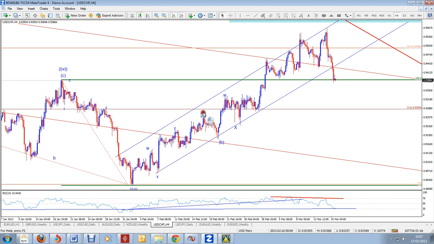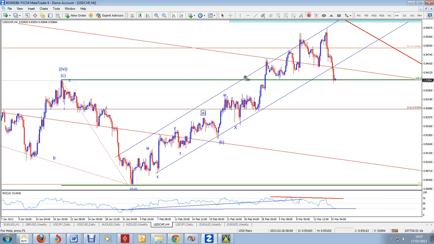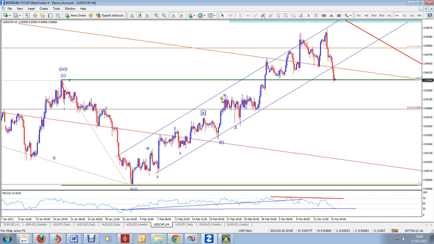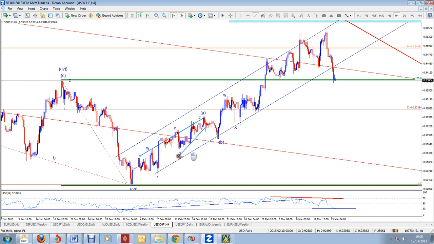So in that case we're looking for this here, A and B. This one as an X and this one as Z. So we've got W, X, Y, X, Z, like a triple zigzag, or what looks like, and really I don't think I can happily paint this, but it is possibly like a leading diagonal, like so.